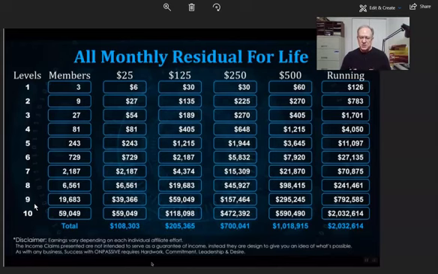The way they've developed this is truly ingenious. Although they pay just a little bit to each member on each level, the compounding of the way they've structured Onpassive, the numbers get extremely big very, very quickly.